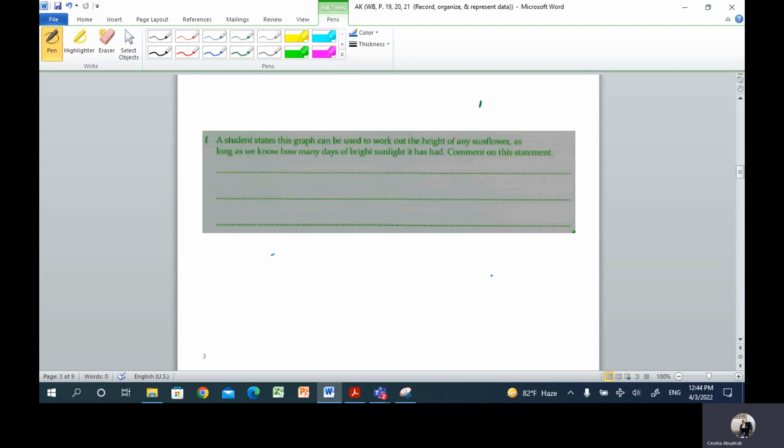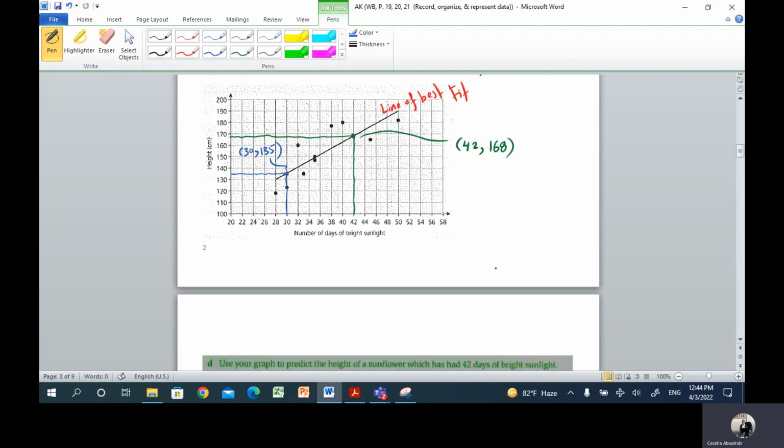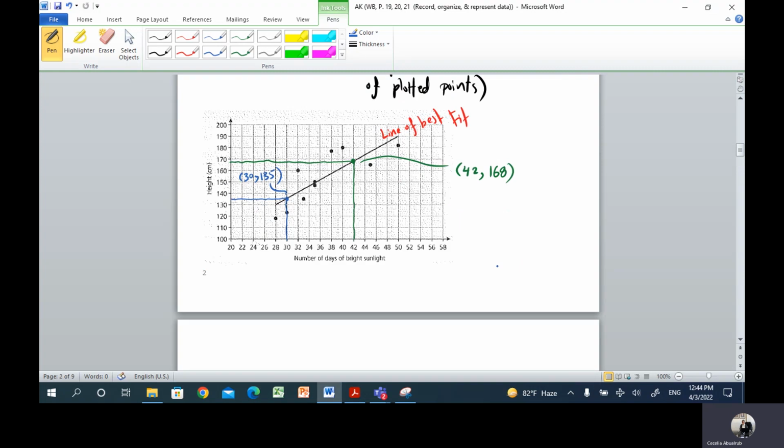A student states this graph can be used to work out the height of any sunflower as long as we know how many days of bright sunlight it has had. Well, that is not true. Why?